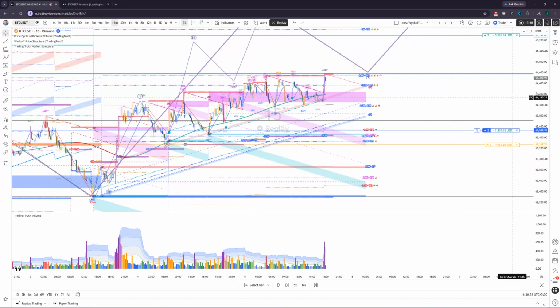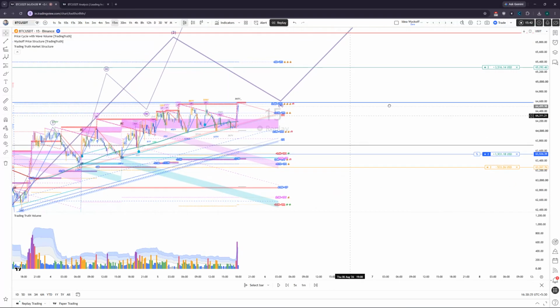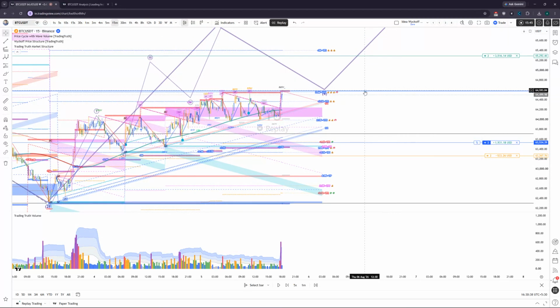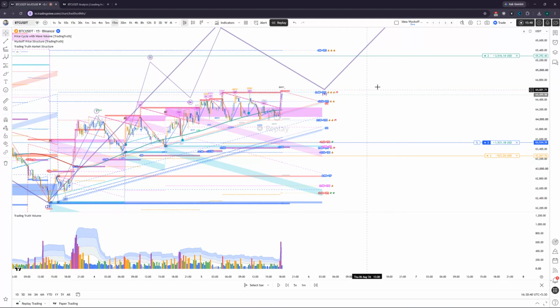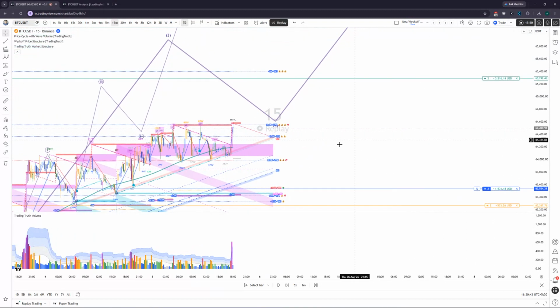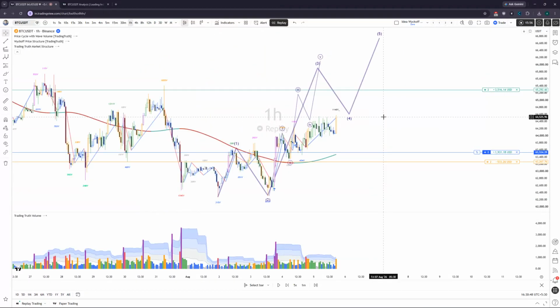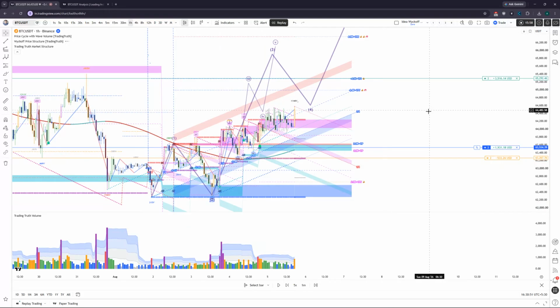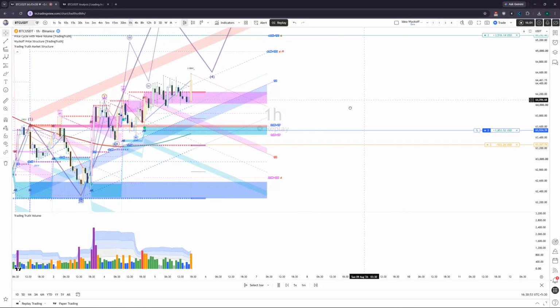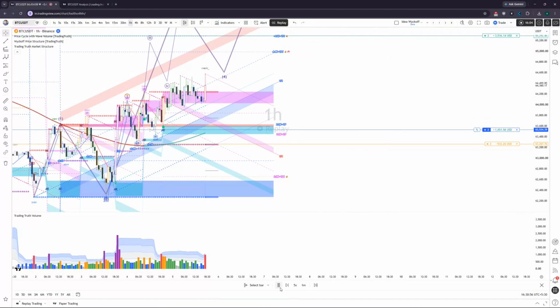So technically speaking, it did hit our TP1, I suppose. Not that one. Here, TP on 1 hour, right? There. So let's see. Whoa, a lot of fight is happening there.